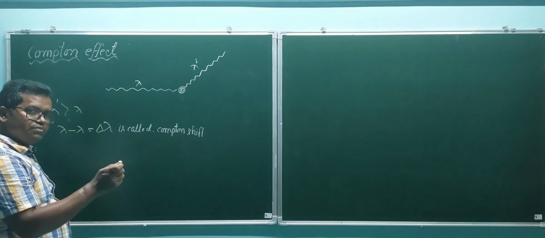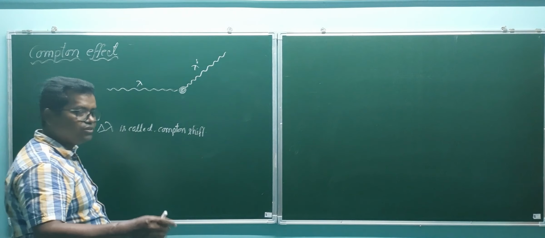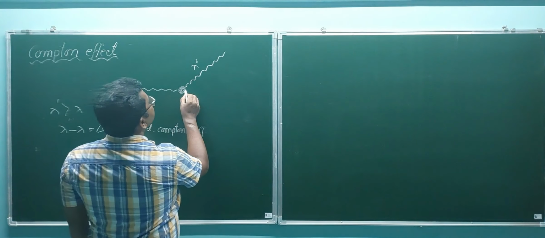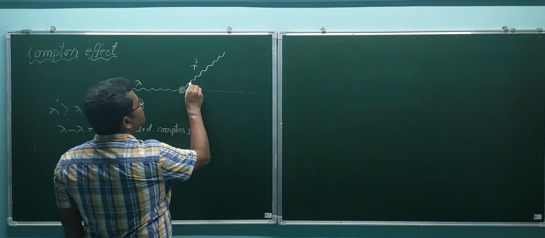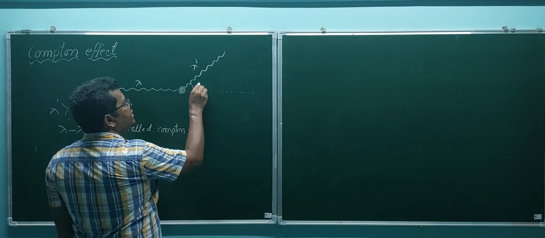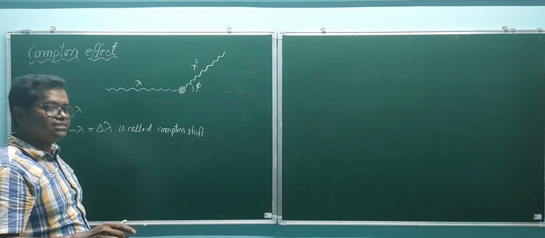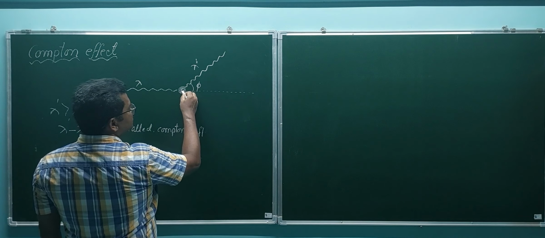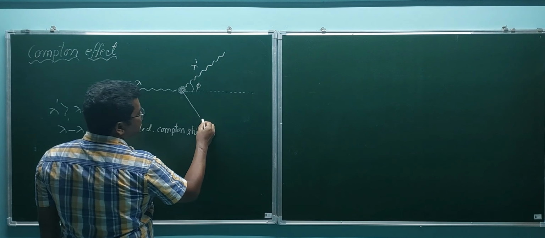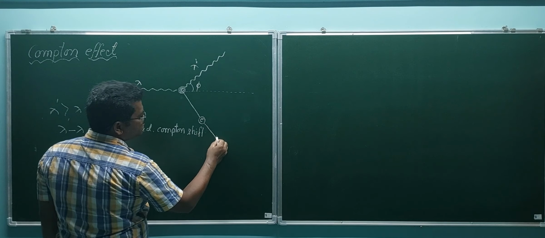And this Compton shift is a function of angle of scattering. Now what is angle of scattering? Suppose this is the direction of our incident photon. So this is the angle of scattering, phi. He also observed that at the same time an electron is also ejected from the crystals or from the charged bodies.